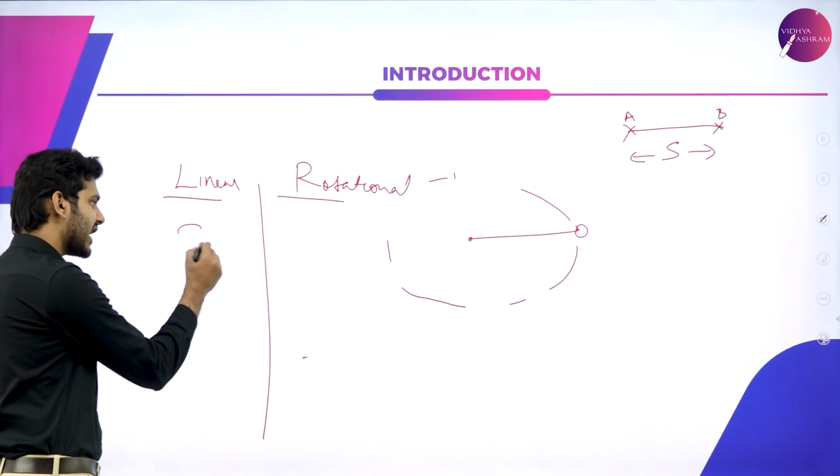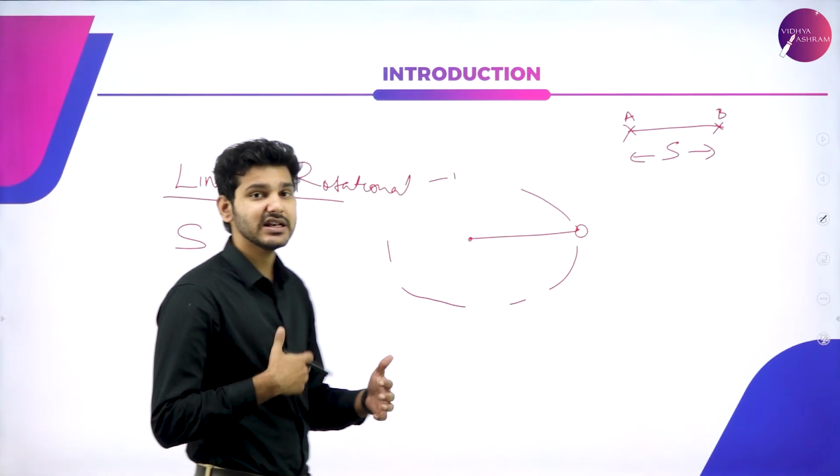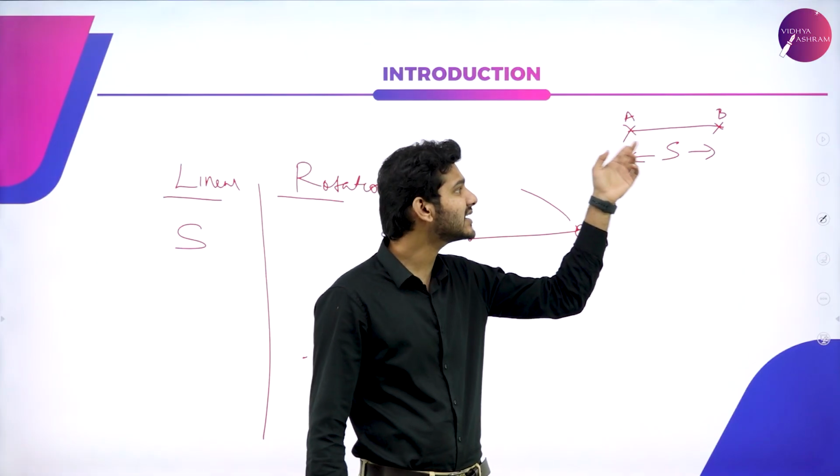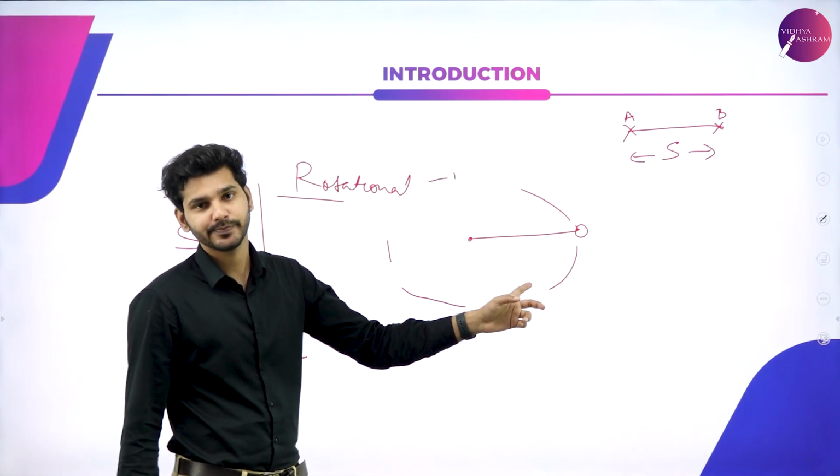So S is the displacement that is produced in linear mechanics. But how do we quantify that? How do we express that in angular terms?